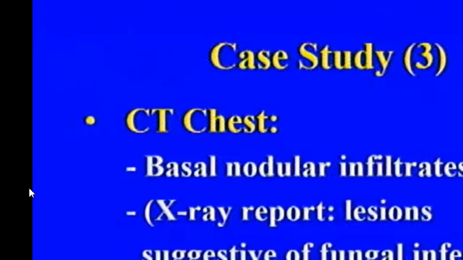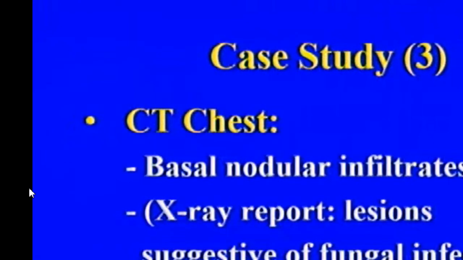And you can see the choroiditis over here. There was a small vessel with vasculitis, and there was an area of choroiditis. And when we requested a CT of the chest, he had basal nodular infiltrate suggestive of fungal infection.